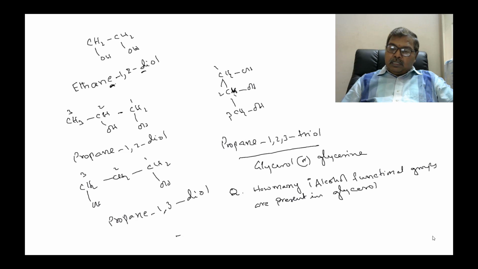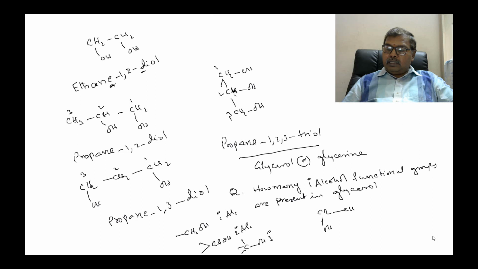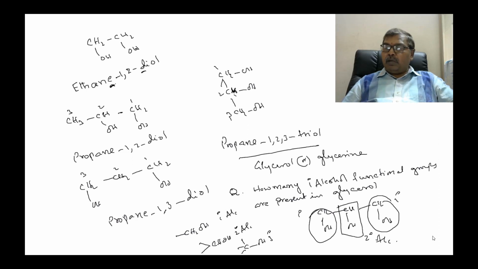See, CH2OH is a primary alcohol functional group. CHOH is a secondary alcohol functional group. COH is a tertiary alcohol functional group. In CH2OH, CHOH, CH2OH, this is a primary alcohol functional group, this is a primary alcohol functional group, and this is a secondary alcohol functional group. So two primary alcohol functional groups and one secondary alcohol functional group are present in glycerol.